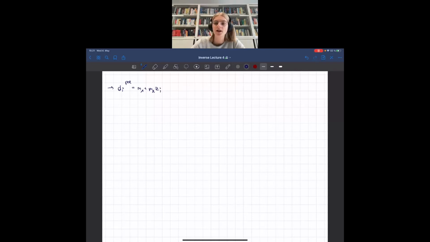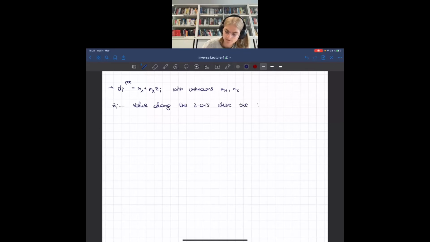So we have two model parameters in here, m1 and m2, and then we have a data point z_i. m1 and m2 are the unknowns; we would like to find them. And z_i is the value along the z-axis where the ith observation is made.